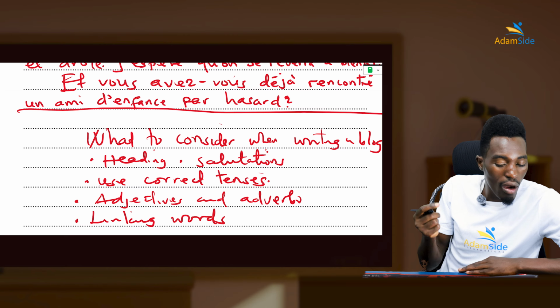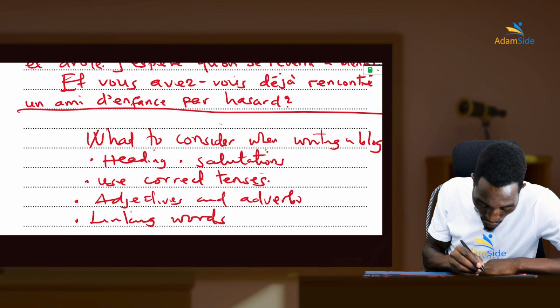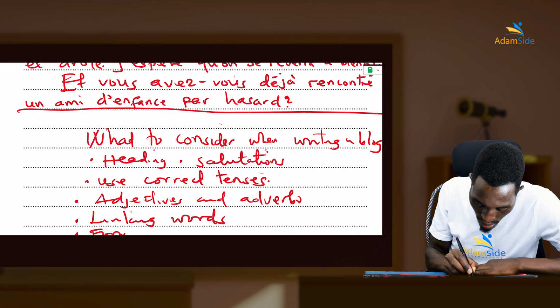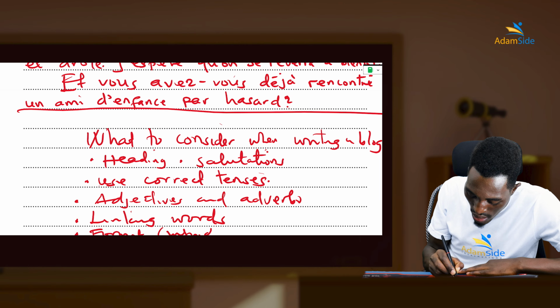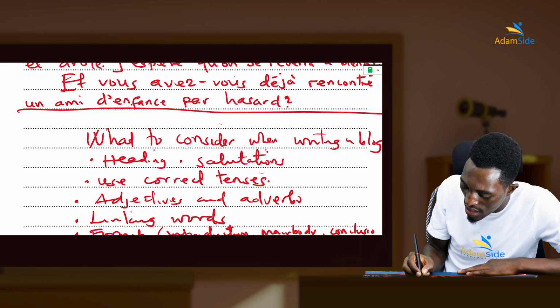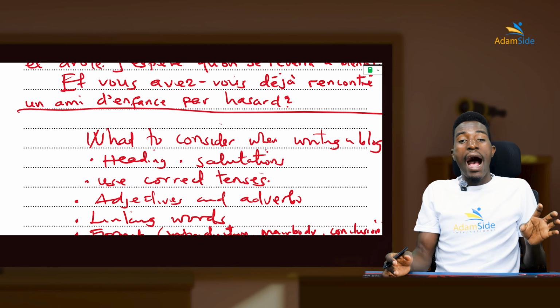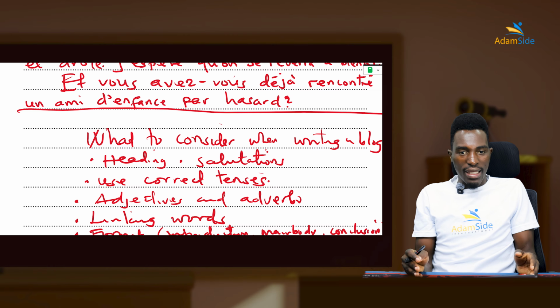Also, the last thing that you have to consider is format. Make sure that your blog has an introduction, main body, and the conclusion, organized in those three parts.